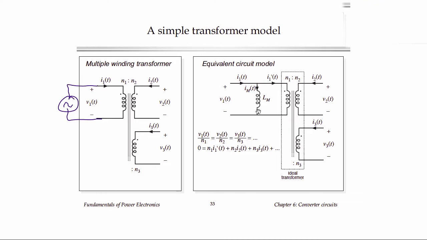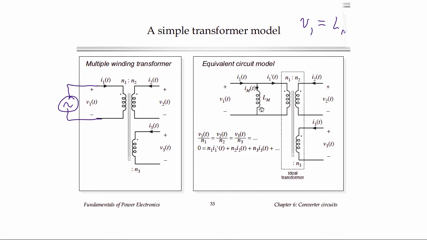So the magnetizing inductance referred to the first winding, where it's drawn here, is the inductance that you would get if you simply put N1 turns of wire on the core. The magnetizing inductance does behave as a real inductor. It obeys v = L di/dt, or in this case, v1 = Lm dim/dt.